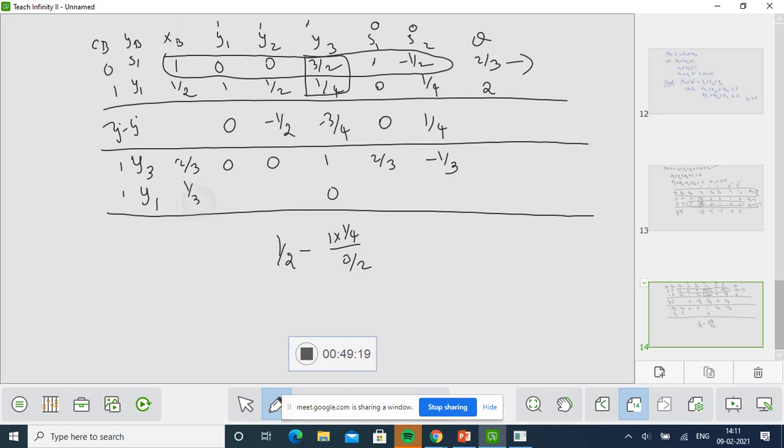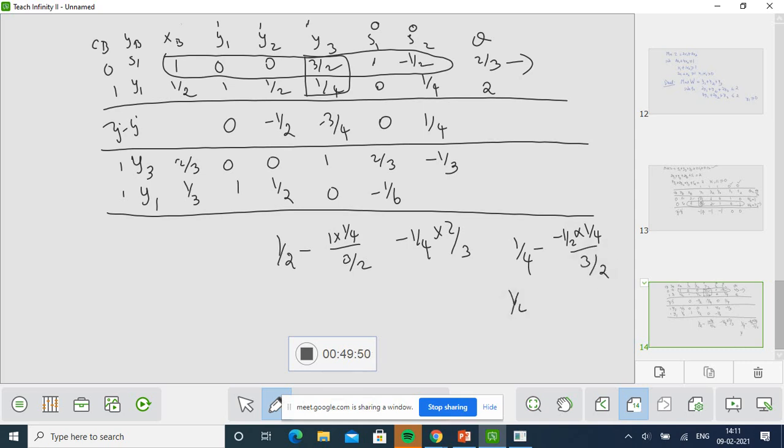Check here, I may be wrong. Here it will be 1, here it will be half. Then here I have 0 minus 1 by 4 into 2 by 3. So here it will be minus 1 by 6. Then come for the last term, it is 1 by 4 minus half into 1 by 4 divided by 3 by 2.